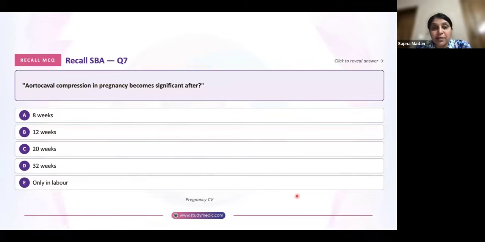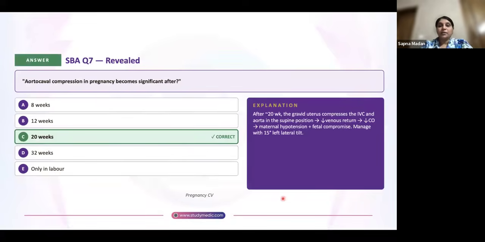Aortocaval compression in pregnancy becomes significant after 8 weeks, 12 weeks, 20 weeks, 32 weeks, or only in labor. Okay, so you have to remember what you tell your patients. If your pregnant lady is coming to you, at what gestation do you start asking her to preferably lie on the left lateral side? So that is around 20 weeks.